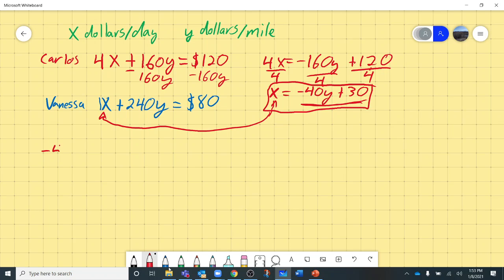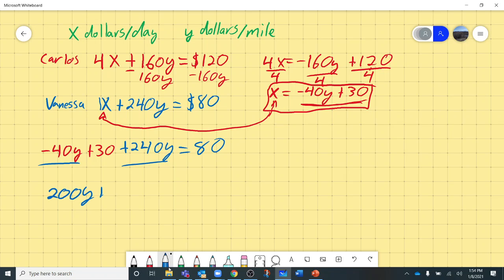So we have negative 40y plus 30, and that's my x, plus 240y is equal to 80. Let's take this 240y and this negative 40y and put those together. 240y minus 40y gives us 200y plus 30 equals 80.